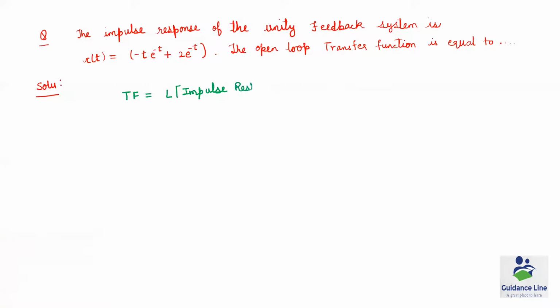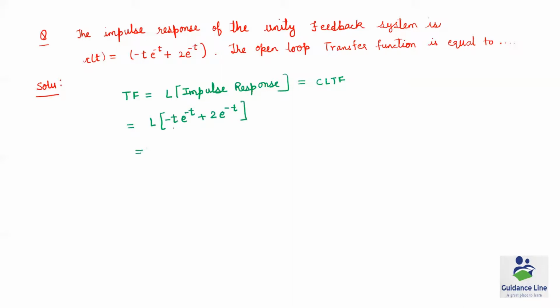Impulse response. Specifically, it is mentioned as the impulse response of a unity feedback system. That means this is nothing but a closed loop transfer function. So if I find the Laplace transform of c(t), we can write it as -e^(-t)·t plus 2e^(-t).